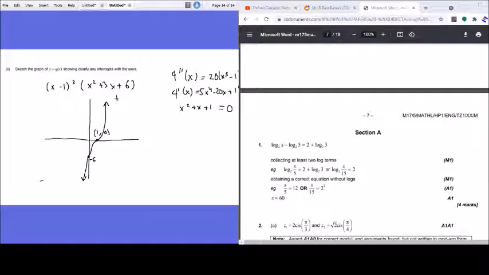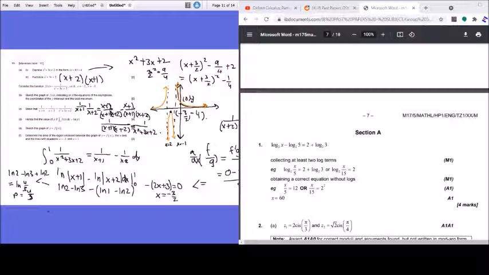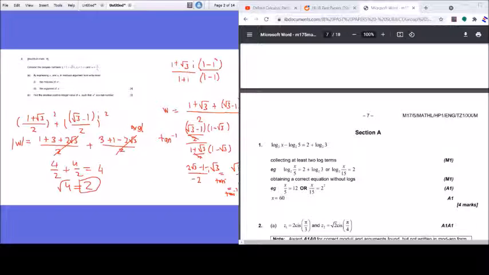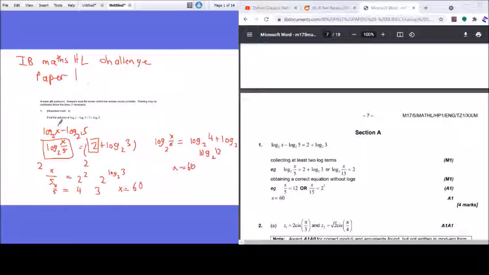There you go. So we have our section A right here, question 1. We have log base 2, so we have to collect at least 2 log terms. We have to show that it's collected like this: log 2 of x over 5. We showed that right here.